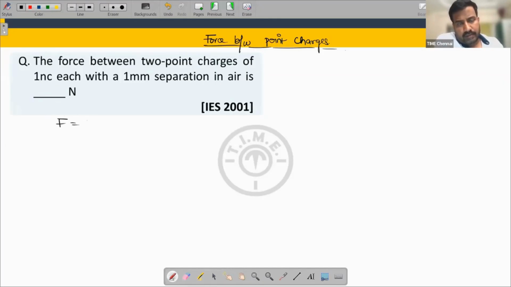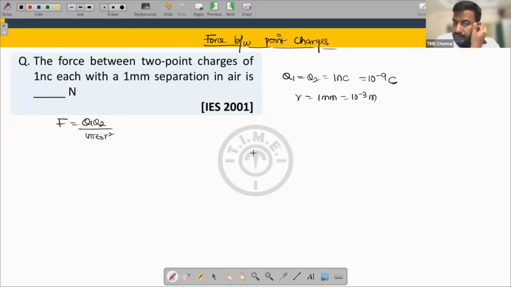Because force is Q1 Q2 by 4 pi epsilon naught R square. Given each charge is 1 nanocoulomb, separation between them is 1 mm, 10 power minus 3 meter.